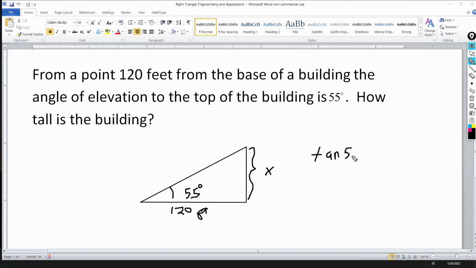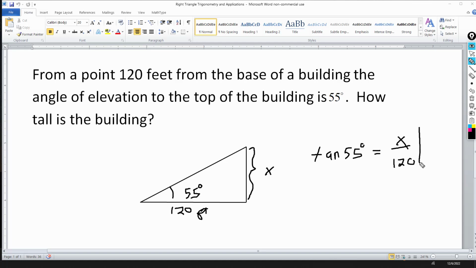So I just say the tangent of 55 degrees is equal to the opposite, that's x, over the adjacent side, that's 120 feet. And then you solve this equation for x.